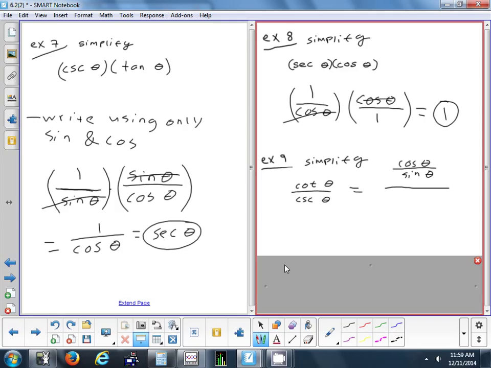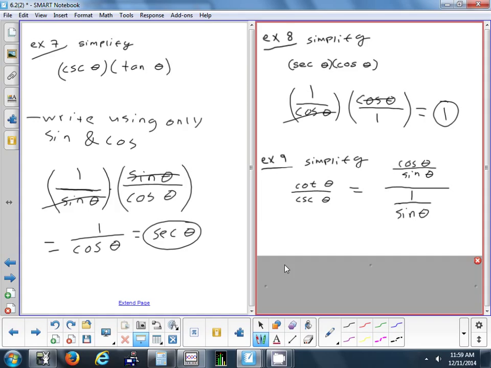And how about cosecant? How can we write cosecant just with sines and cosines? Oh, Colby? Sine over cosine. That would be tangent. Cosecant is a reciprocal, so it has a 1 in it somewhere. Which trig function do you flip to get cosecant? You flip the sine.